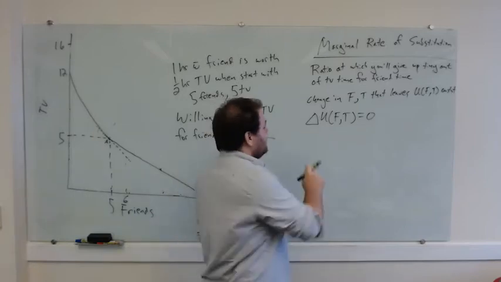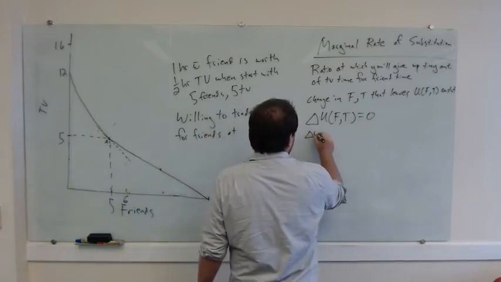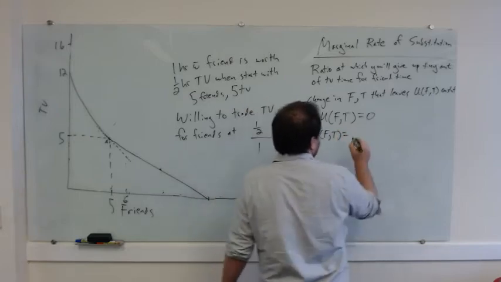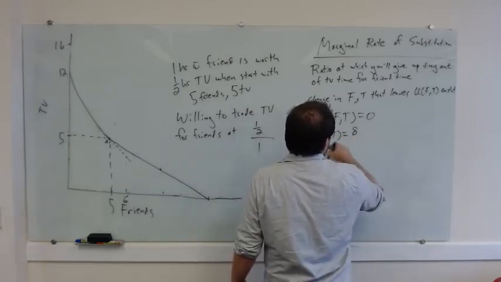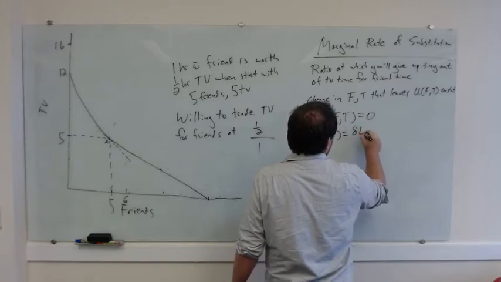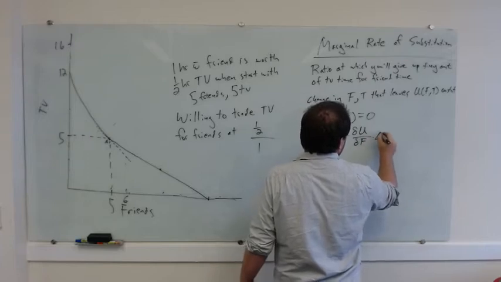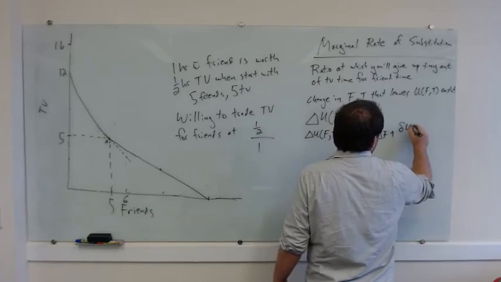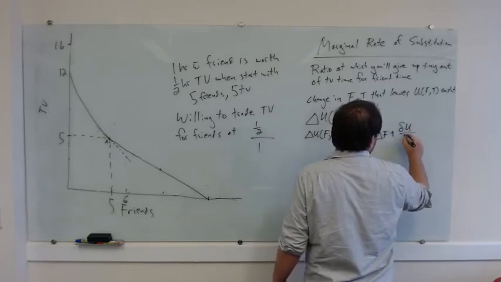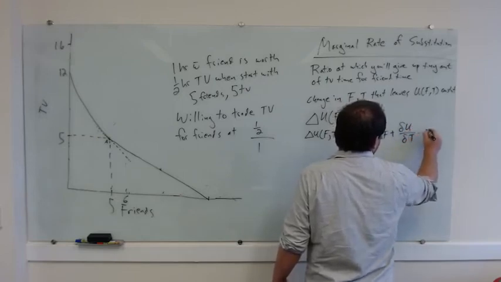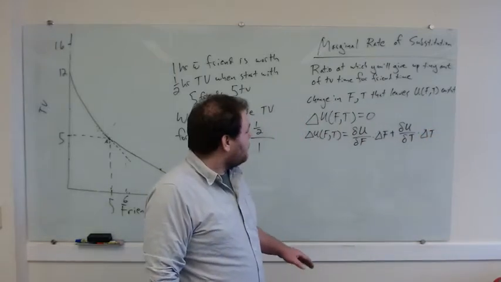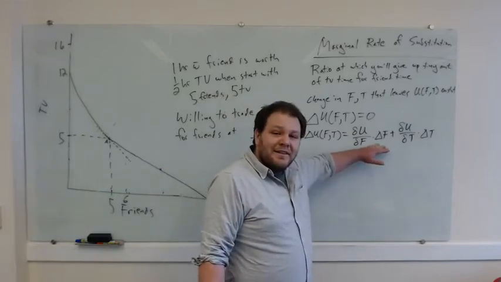What's the change in utility of F and T? It's going to be the partial derivative of U with respect to F times the change in F, plus the partial derivative of U with respect to T times the change in T. I gain some friend time, that makes me happy.